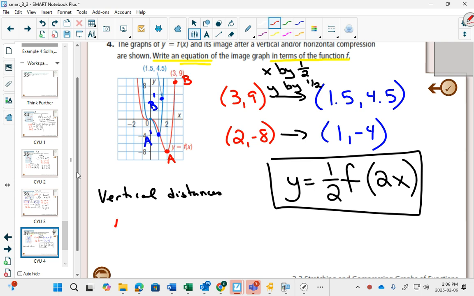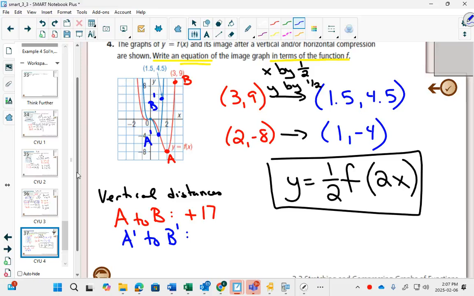On the red graph, if you went from A to B, vertically, you see that you would go up 17. I'll put a plus sign for going up, a negative sign for going down. Would you agree that going from A up to B goes up 17? Now, when I look at the blue graph, I go from -4 up to 5.